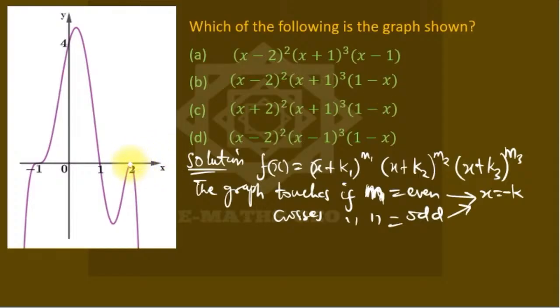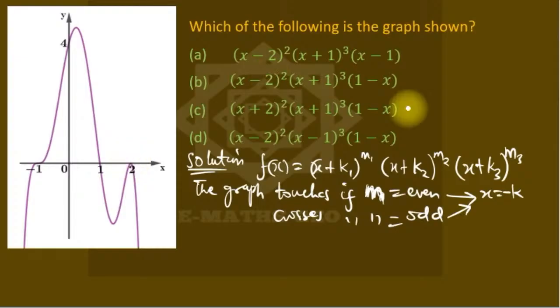If you look at 2, it touches. So meaning that the power of the factor x minus 2 must be even. So which of them has x minus 2 even?